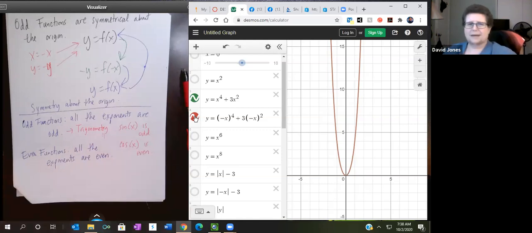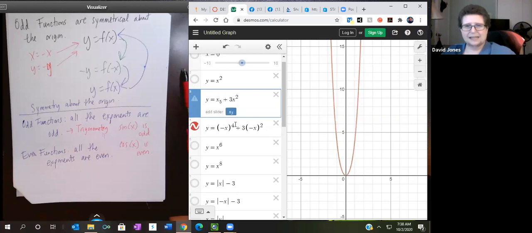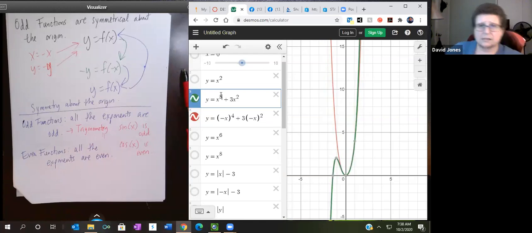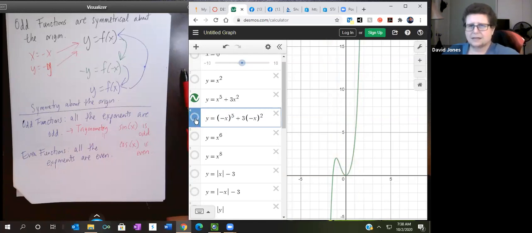If we mix and match though, notice if I change this to x to the fifth, oops. It's not the same, is it? So when the graph is mixed, odd and even exponents, it doesn't work.